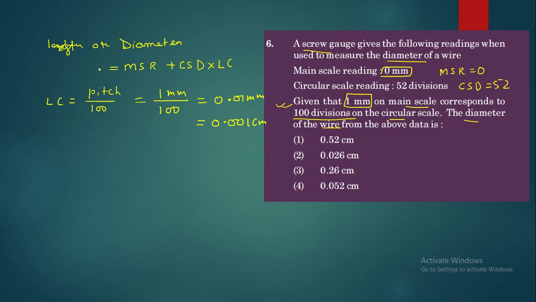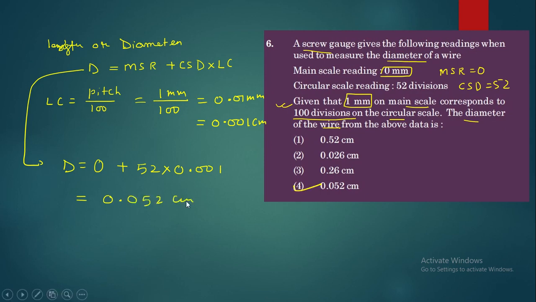Now let's calculate the diameter. The diameter will be equal to main scale reading 0, plus circular scale division when we attempt to measure the diameter of the wire, which is 52, multiplied by the least count of that particular screw gauge. And option 4 comes out to be the correct option. Let's move on.